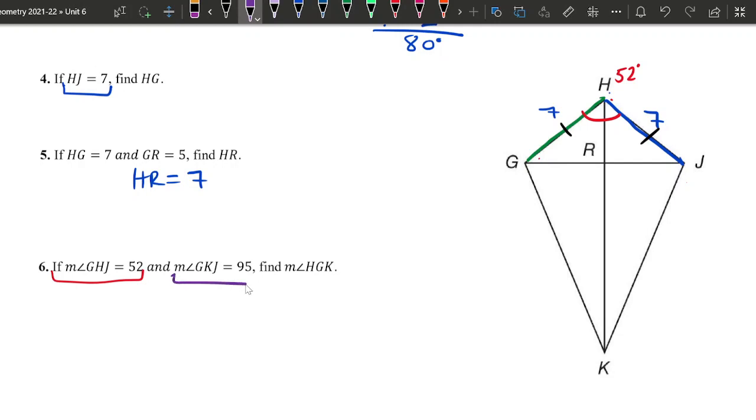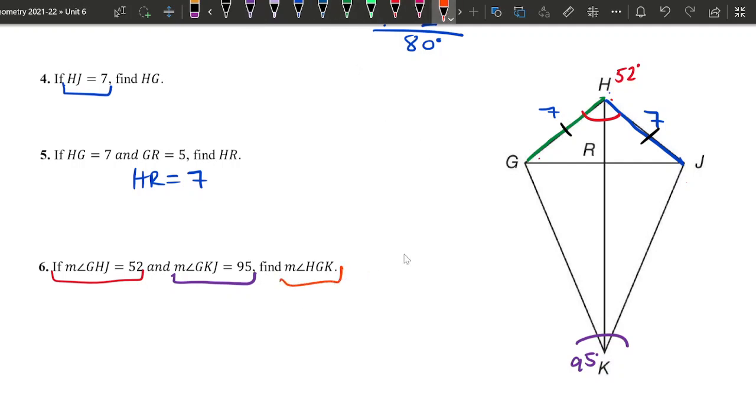And the measure of GKJ is 95. G to K to J. So this one down here at the bottom angle is 95 degrees. Find HGK. This is like the same problem, right? Yeah, this is just like the other one.